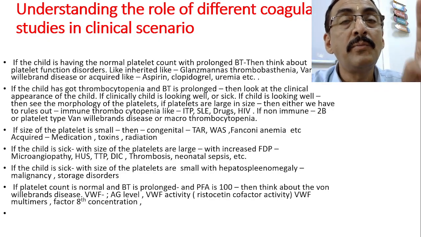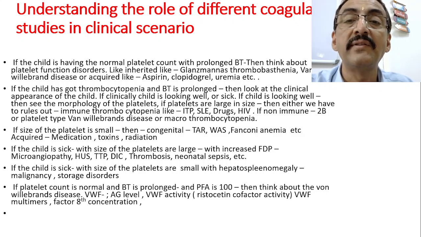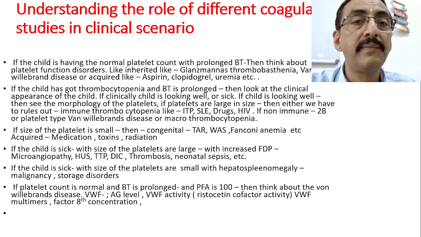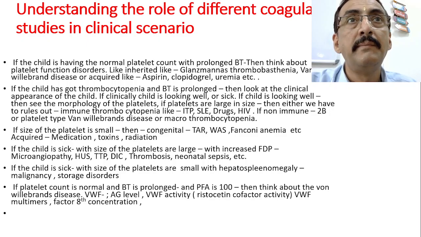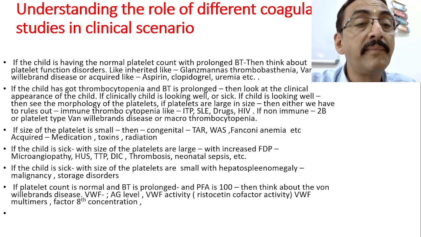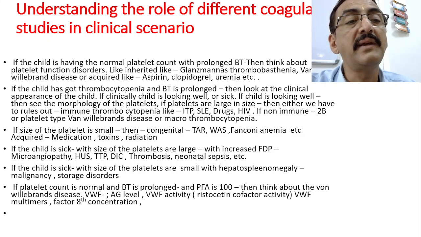BT is prolonged, thrombocytopenia is there, the child is looking normal, active, there is no sickness. Then these are the possibilities. But if the child is looking sick, thrombocytopenia is there, BT is prolonged, and the size of the platelet is large with increased PDP, FDP, then there may be microangiopathy, HUS, TTP, DIC, thrombosis, neonatal sepsis, etc. should be considered.